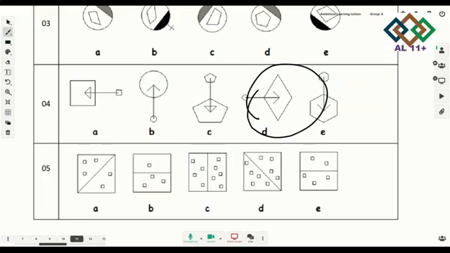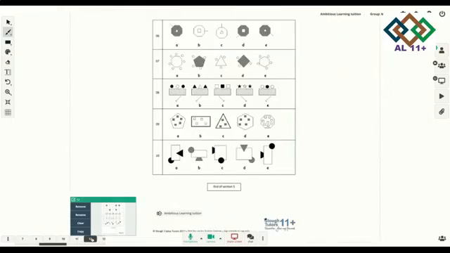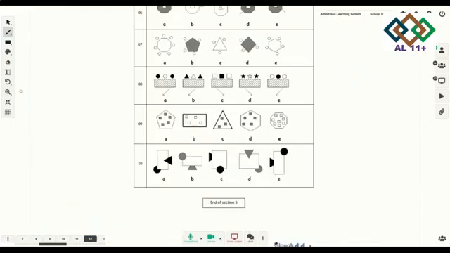See, 1, 2, 3, 4, 1, 2, 3, 4, 5, 1, 2, 3, 4. It should have more of that. It doesn't. So your answer is B for this one. So let's move on to the next one.